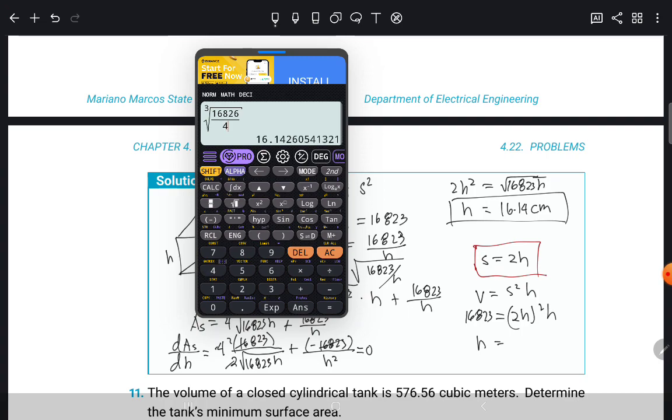And the answer is also 16.14 centimeter.